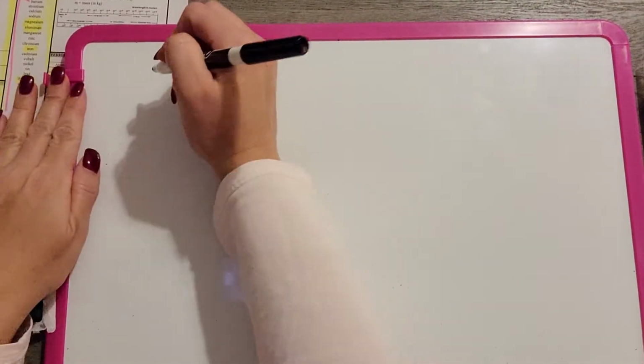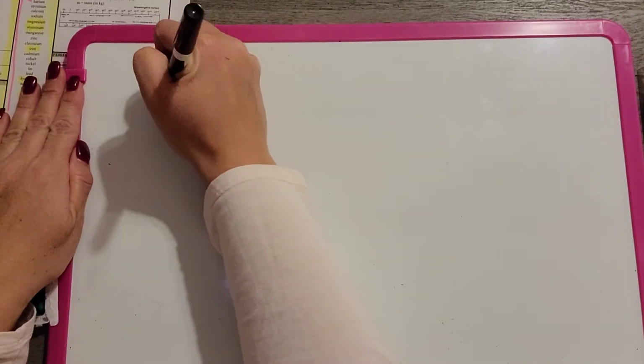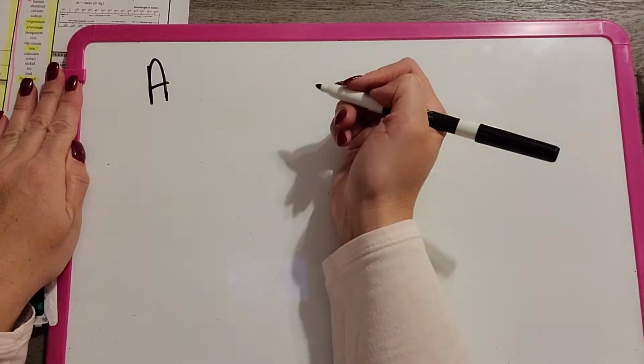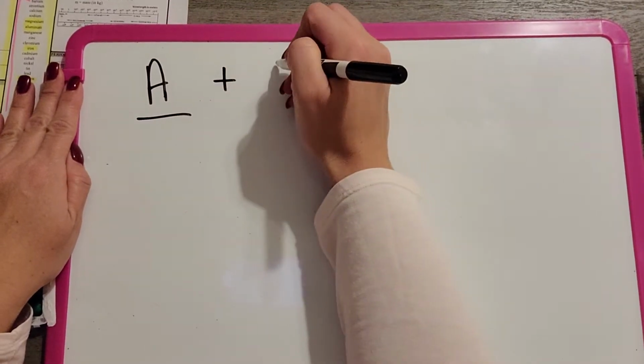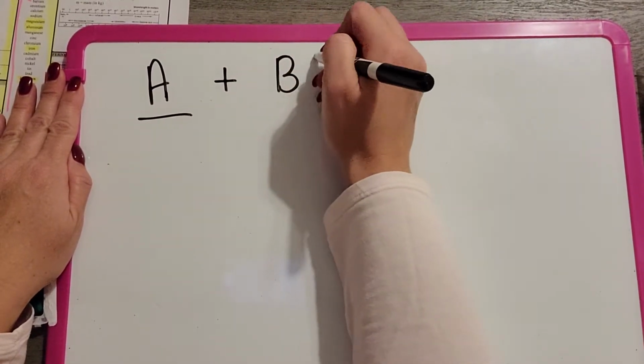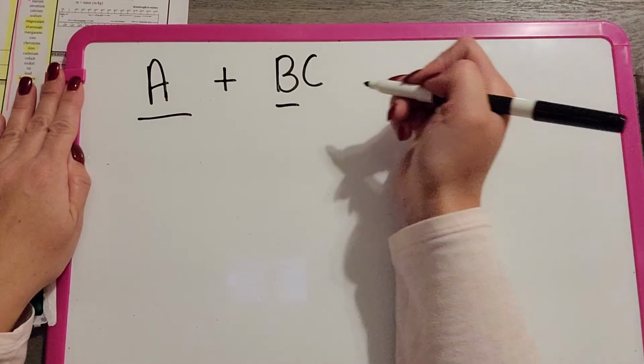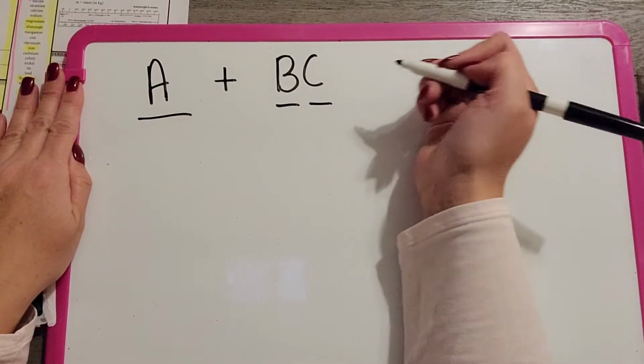Okay, so the basic single replacement reaction goes like this. Here's a metal A, plus a compound, BC, where B is a metal and C is a non-metal.